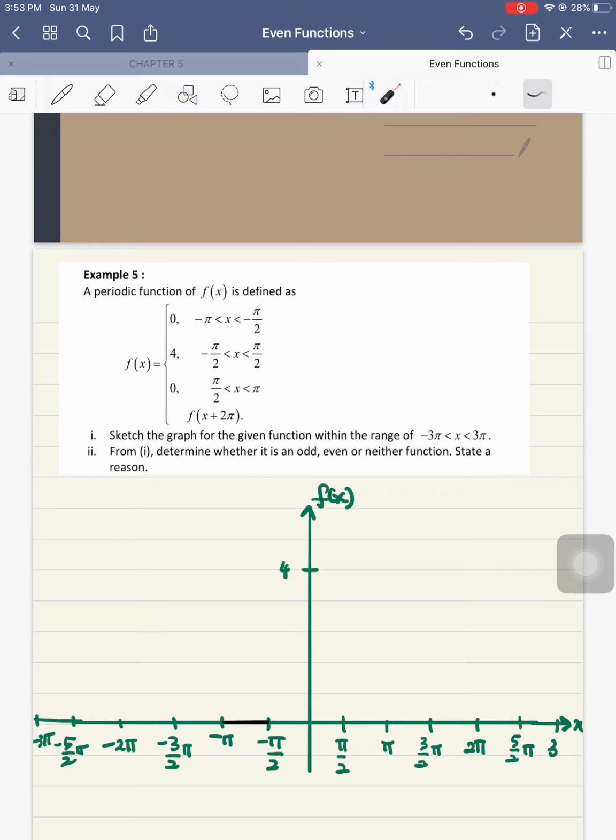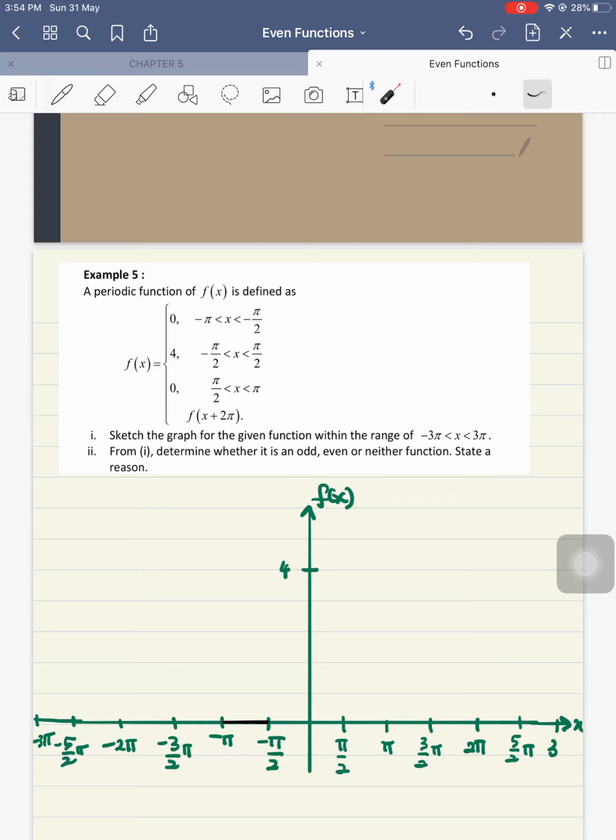Okay, the next one is from negative pi over 2 until pi over 2, which is from here until here. Your f(x) is always equal to 4. Remember I told you before, when you have a constant you will have a horizontal or straight line. When you have a variable x, then you need to construct a table of coordinates for you to know the points.